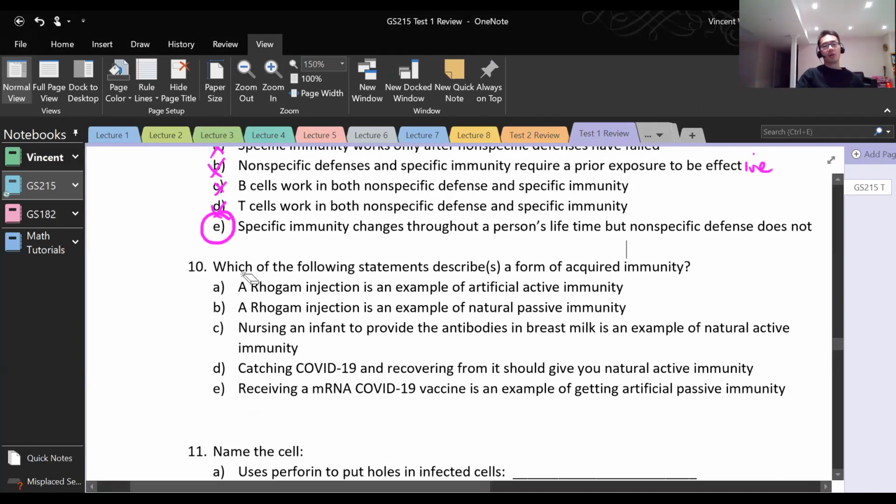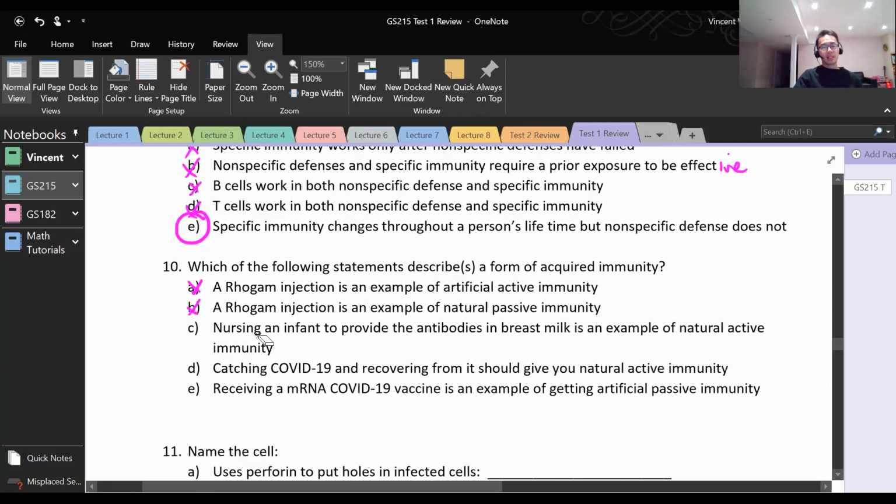So RhoGAM actually has nothing to do with acquired immunity. RhoGAM is a shot you give to an Rh negative mother who's carrying an Rh positive baby, not to boost her immunity or anything, but to prevent sensitization. So these two are automatically not the answers.